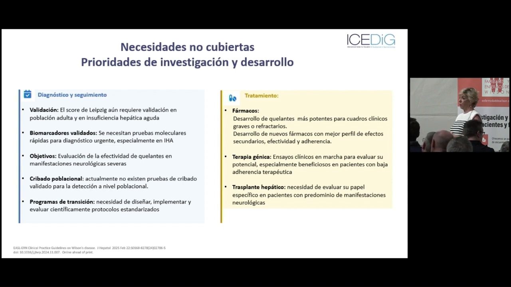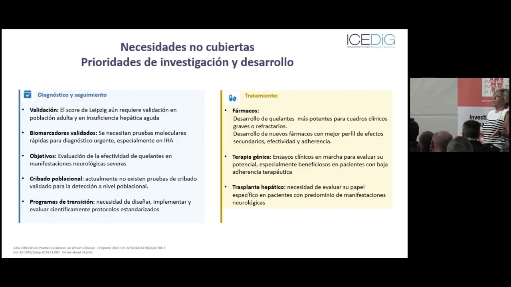Basically, an evaluation of the effectiveness of chelating agents in neurological manifestations. Population screening, I think we'll be discussing that today, having a test that allows us to examine the children as well, and the transition programs.